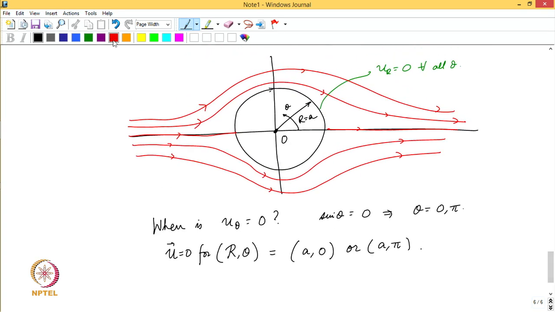And where are those 2 points? These 2 points, this point is (a, 0), because theta is 0 there, and this point is (a, pi). At these 2 points u is 0, and these are called stagnation points.